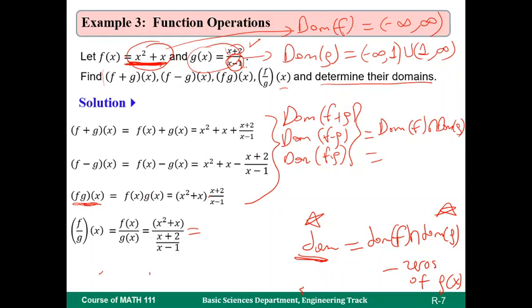This means you're intersecting the domain of f, all real numbers, with the domain of g.